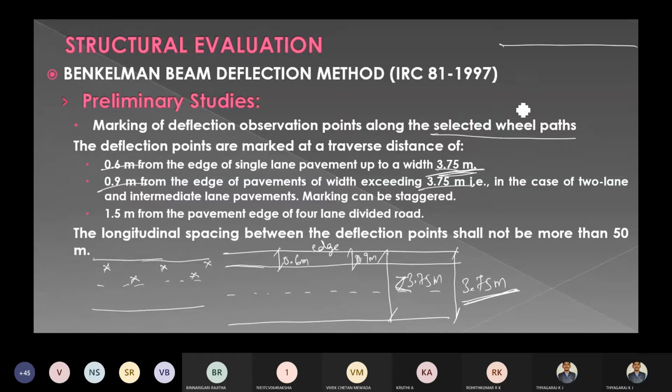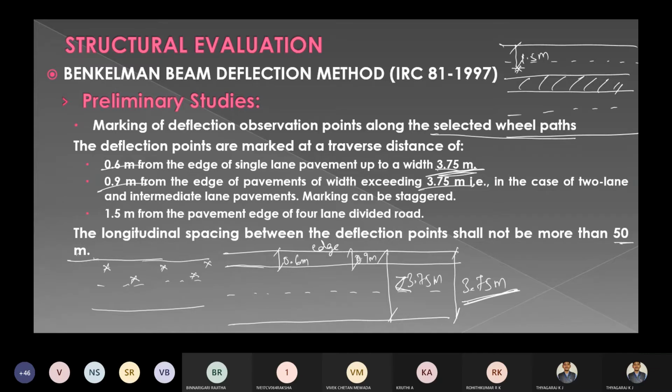For example, we will consider this as a 4-lane divided road, so these will be the margins. If it is a 4-lane divided road, the marking should be at a distance of 1.5 meter, where we mark the deflection point. The longitudinal spacing between the deflection points is 50 meter. For every 50 meter, you will be marking the points.